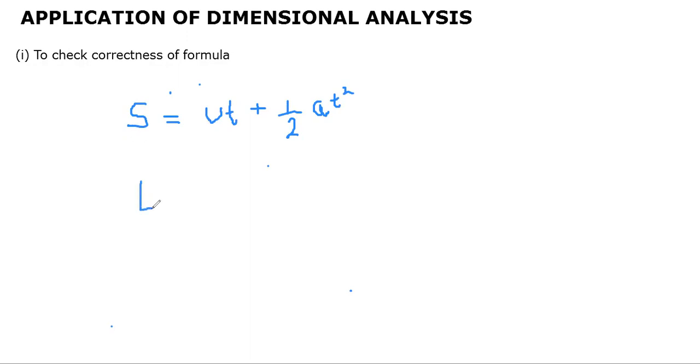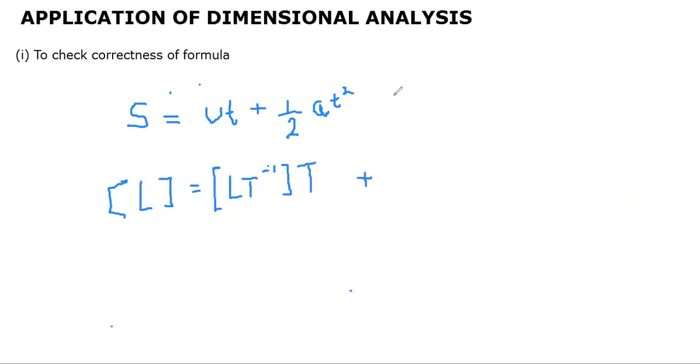Distance is L, so this is L in left hand side, equal to UT. U is speed, that is LT minus 1, into T, plus half.